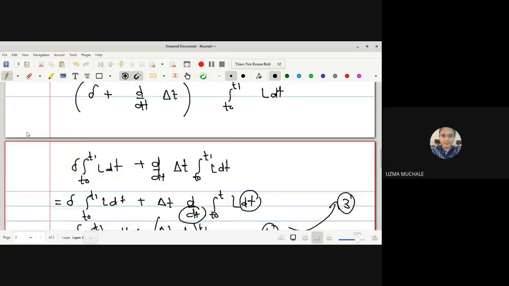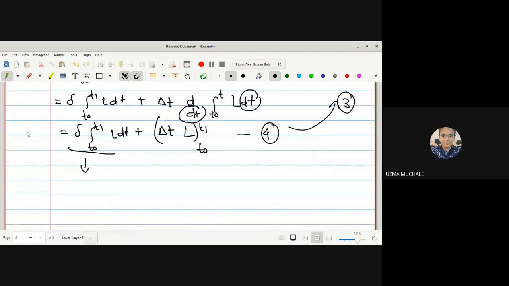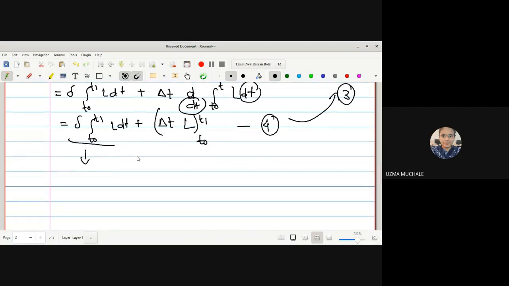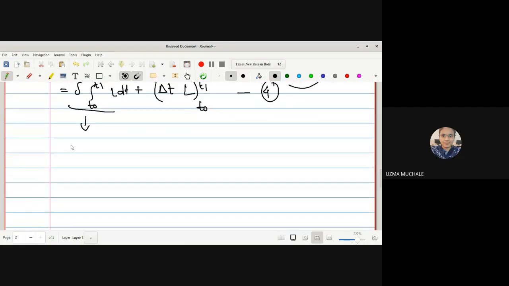And then we have evaluated the second part of our equation 3. Now this is as it is. Now we have to evaluate this one. Okay, let us evaluate.